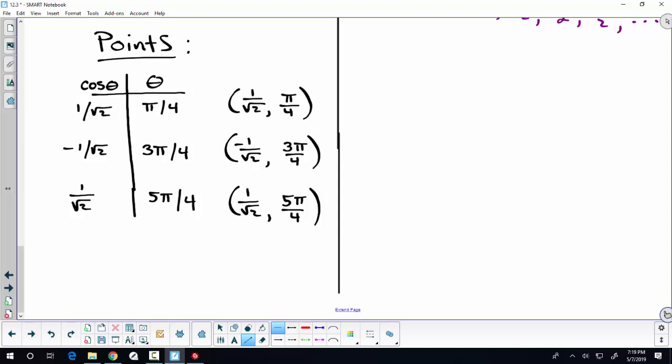Okay, we had other values, but let's check what we have so far. What do we know about the points root 2 over 2 comma pi over 4, and root 2 over 2 comma 5 pi over 4?